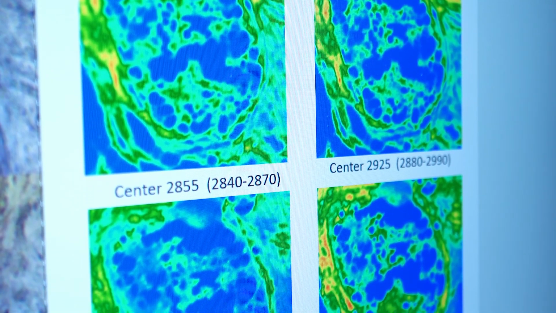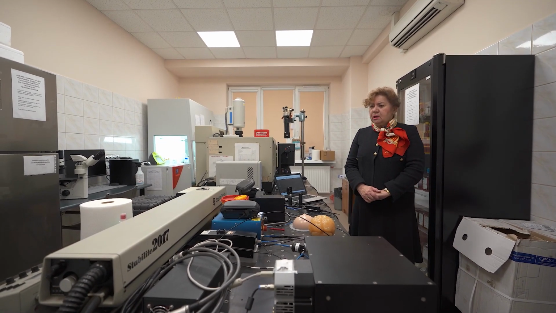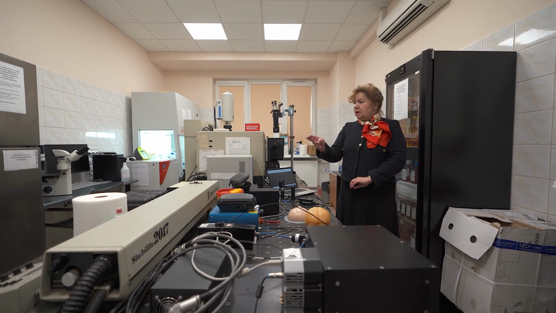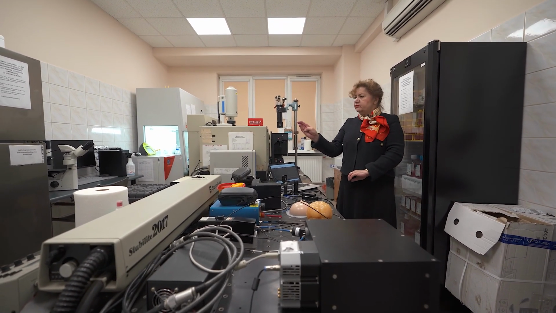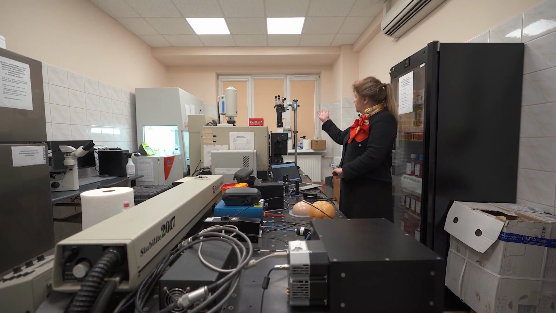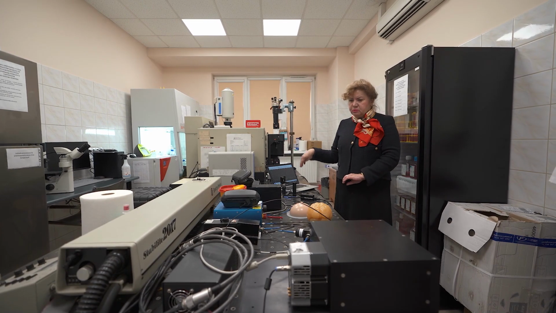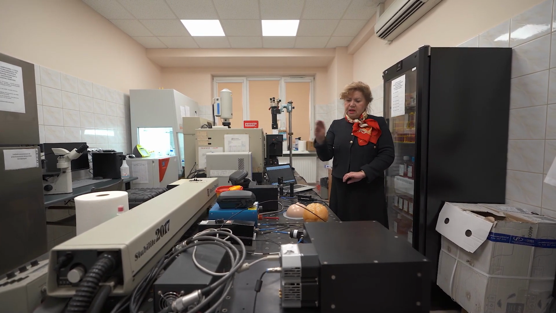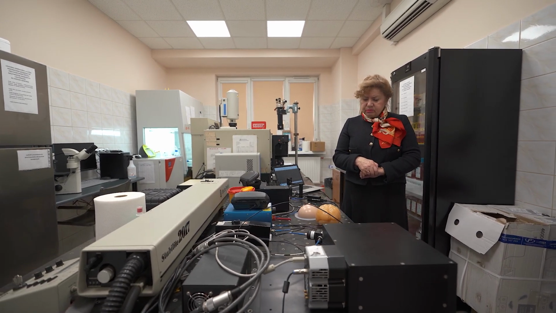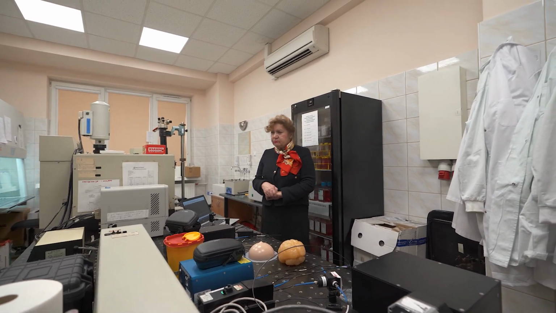Our third laboratory is the laboratory of Raman spectroscopy. The system consists of a conventional Raman spectrometer with cryostat and a handheld Raman spectrometer for cancer research, for brain, breast, colon, stomach measurements.